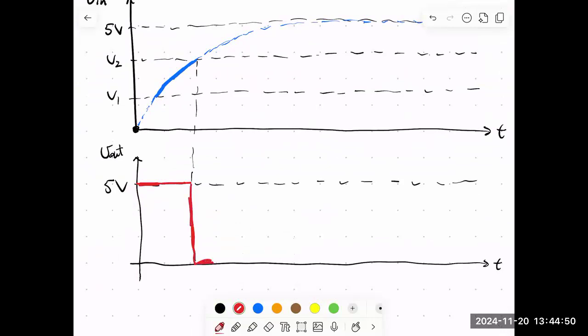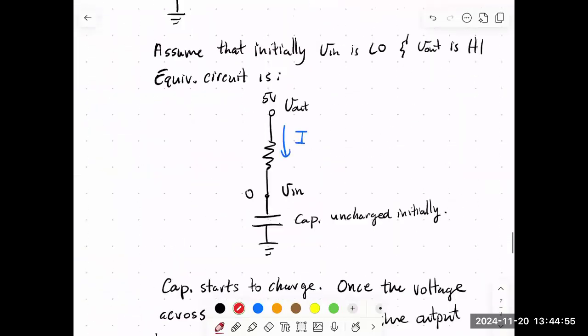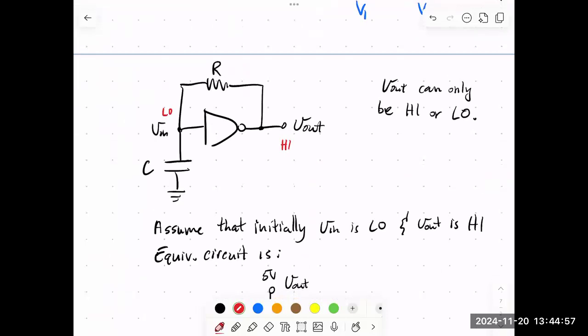So what we have to do next is figure out what is our equivalent circuit when our output is low and our input is high. Or say, well, okay, let's say now we're going to do the low and high case here, or maybe it's not high, maybe it's V2. Maybe that's more accurate, right? The transition happened when our input, which is equal to the voltage across the capacitor, reaches V2.